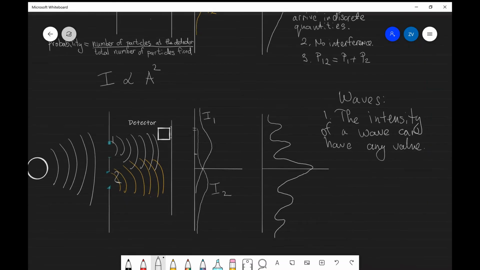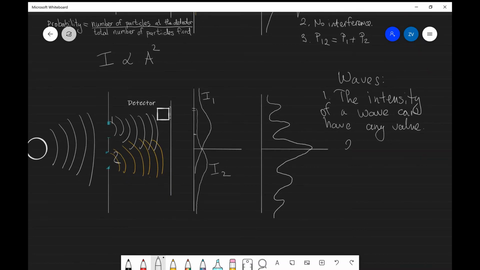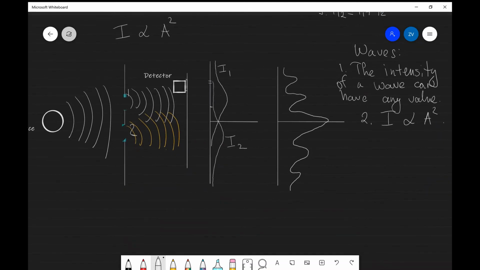Number 2 of our findings is that wave intensity seems to be proportional to the amplitude squared. So I can just say over here that intensity is proportional to the amplitude squared. And notice something really interesting: let's call that curve which we drew I1 and 2.